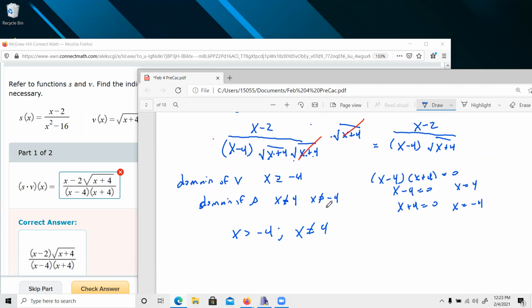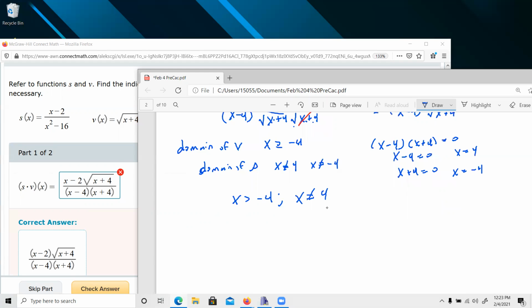So when we go to write down our domain, we've got -4 because that's the smallest number we can have. X has to be bigger than -4, otherwise we get a problem here, up to 4, union, and then we have 4, and then we're free and clear for the rest of the numbers.